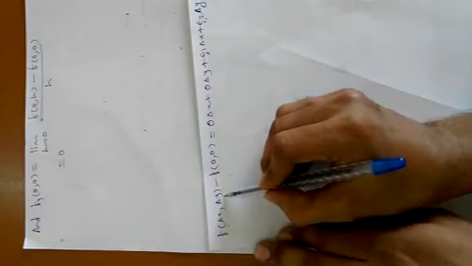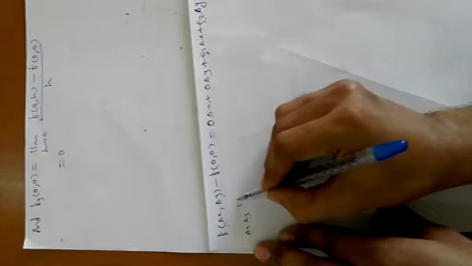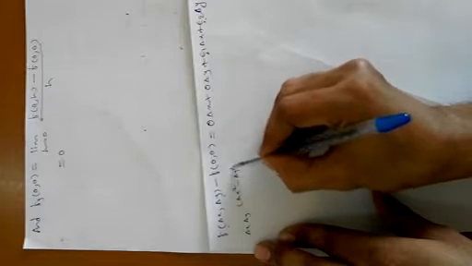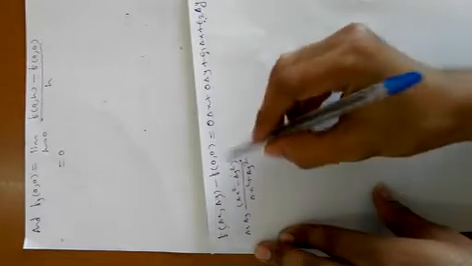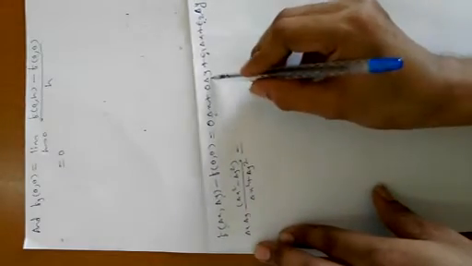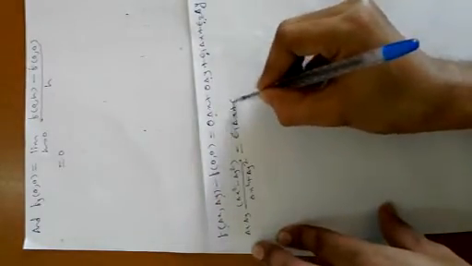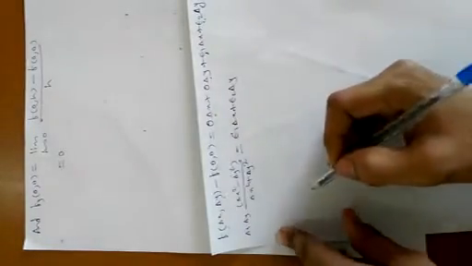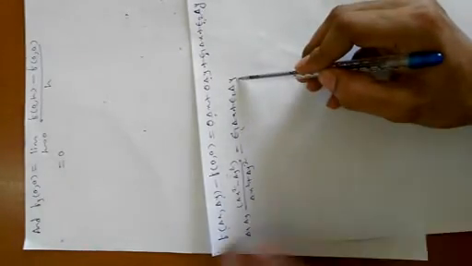f of delta x, delta y will be delta x into delta y, into delta x square minus delta y square upon delta x square plus delta y square. f of 0 0 will be 0, is equal to epsilon 1 delta x plus epsilon 2 delta y. Now we can distribute this in this form, epsilon 1 into delta x plus epsilon 2 into delta y, on the left hand side.